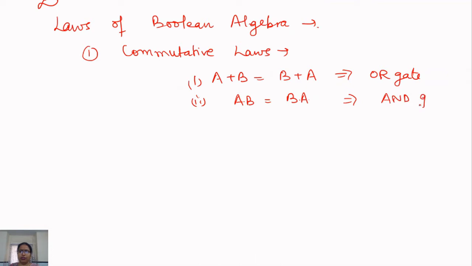So in both the gates the inputs can be interchanged. This is the first law in Boolean algebra, the commutative law.